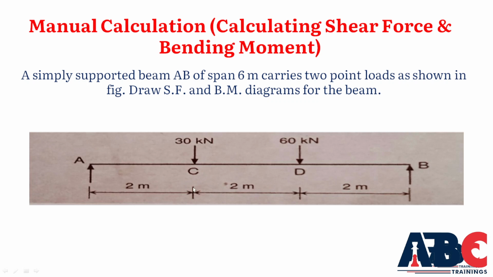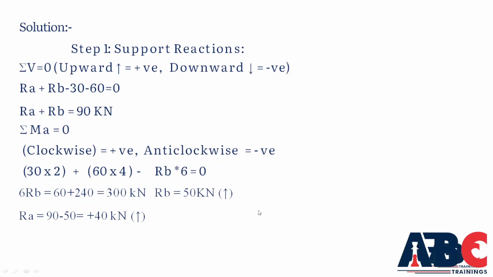Then next, the distance between the two concentrated loads at points C and D is 2 meters, and the last one is the distance between D and B, which is 2 meters. Here are some sample calculations for this question and the solution.